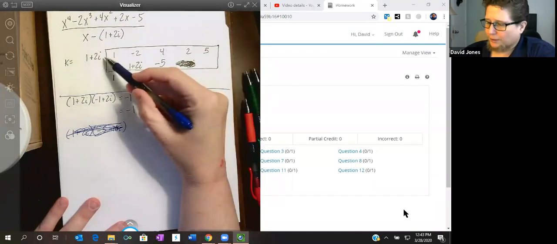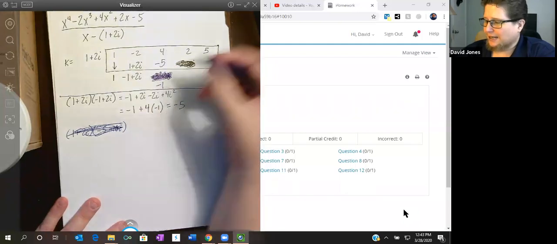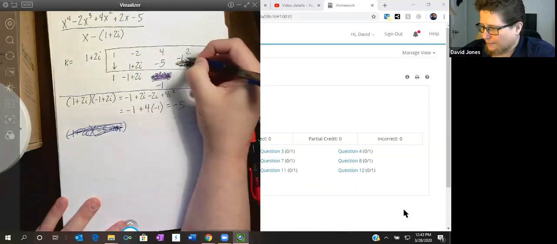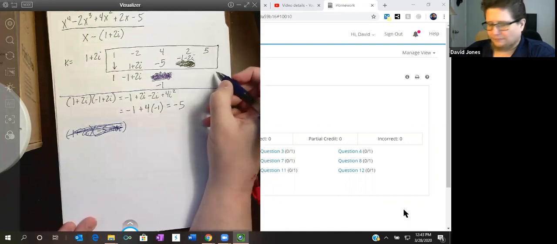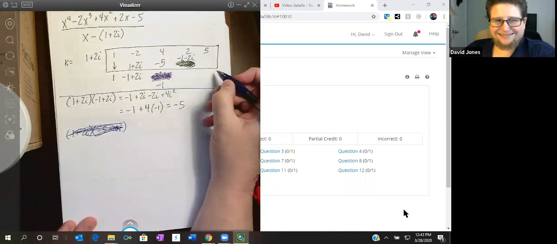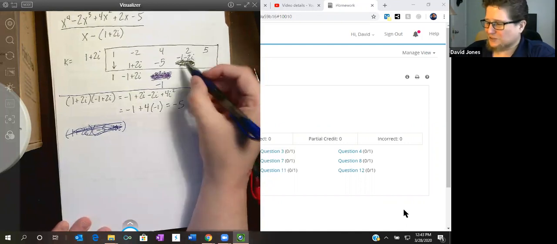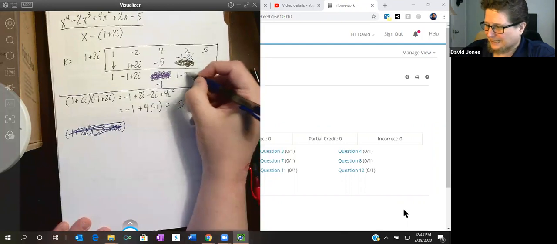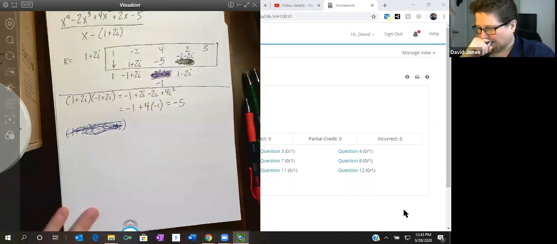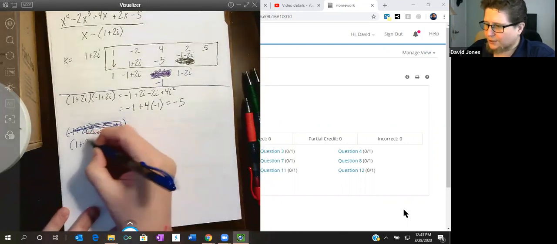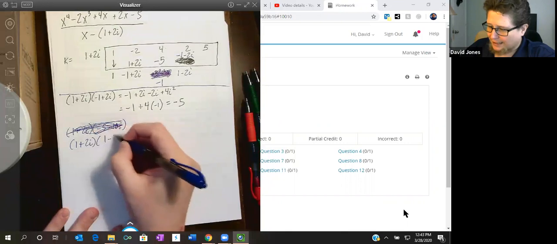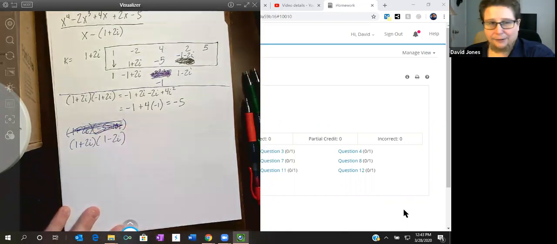And we'll do 1 plus 2i times -1 is -1 minus 2i. Two minus 1 is 1. 1 minus 2i. And now I'm going to work out 1 plus 2i times 1 minus 2i. There we go, that's the right step.